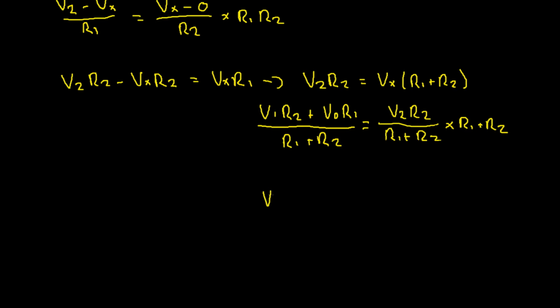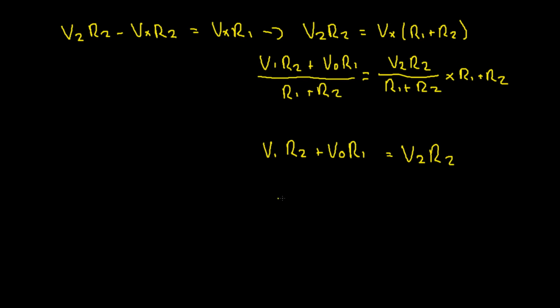That will give us V1 R2 plus Vo R1 is equal to V2 R2. And remember, we're trying to find Vo divided by V2 minus V1. So we can subtract V1 R2 from the right hand side of our equation, which will give us Vo R1 is equal to V2 R2 minus V1 R2.